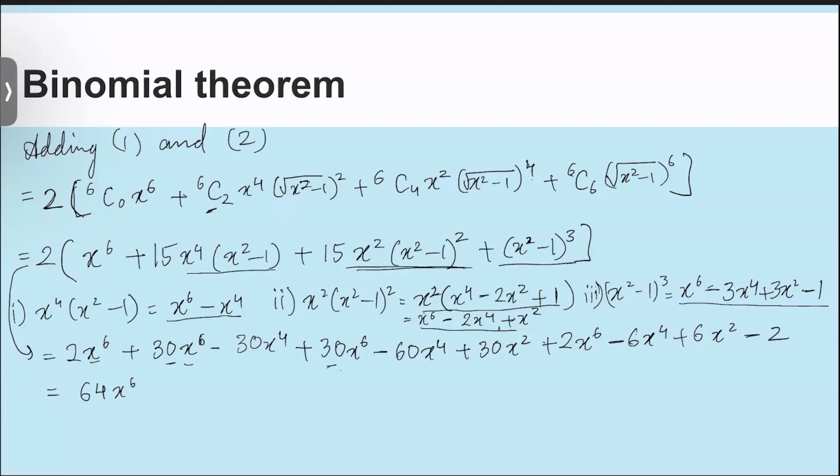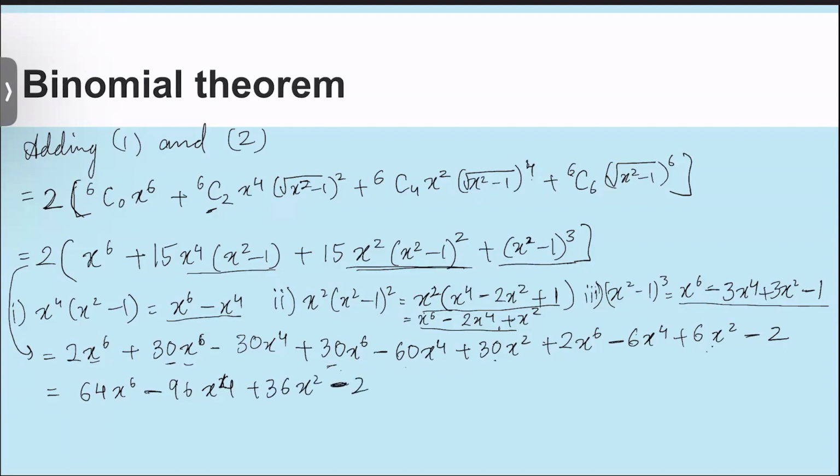So you have minus 30, minus 60, so minus 90, minus 90 plus minus 6. So this is minus 96 x raised to 4. And the next one we'll have is x squared. Okay, so all the values of x squared. So you have 30x squared and 6, so plus 36x squared, and the last one we have is minus 2.